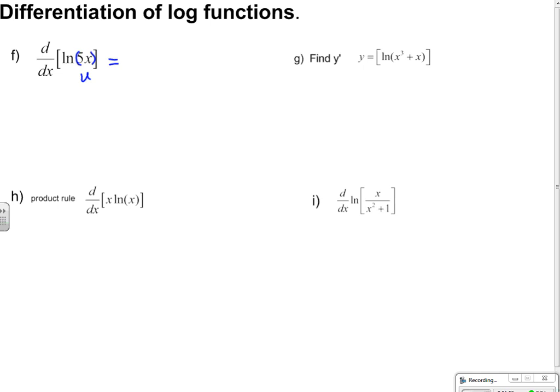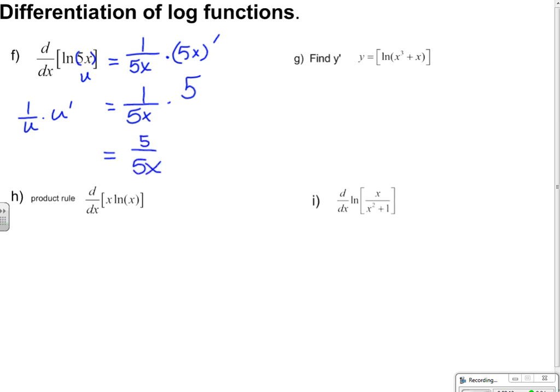So I'd have 1 over 5x multiplied by the derivative of 5x. That's that chain rule idea. The derivative of 5x is simply 5. And that would look like 5 over 5x, but we know the 5's can cancel, so this will be 1 over x.